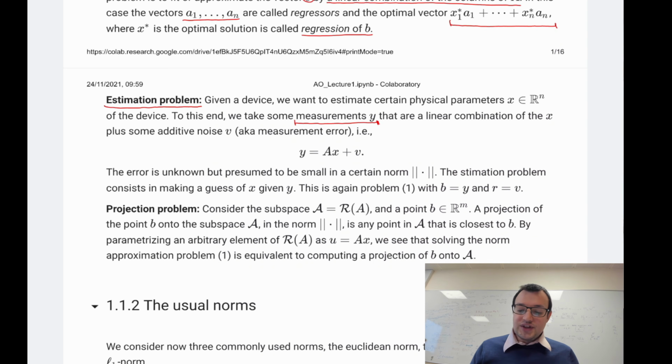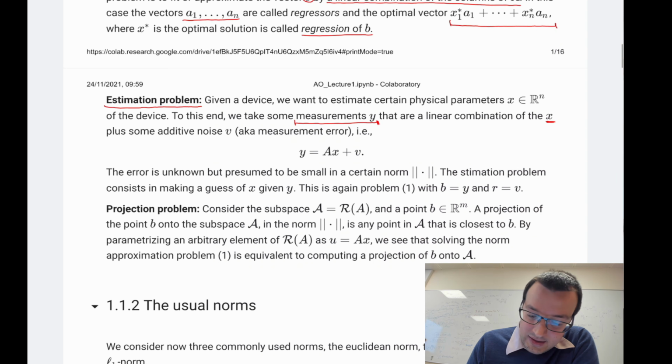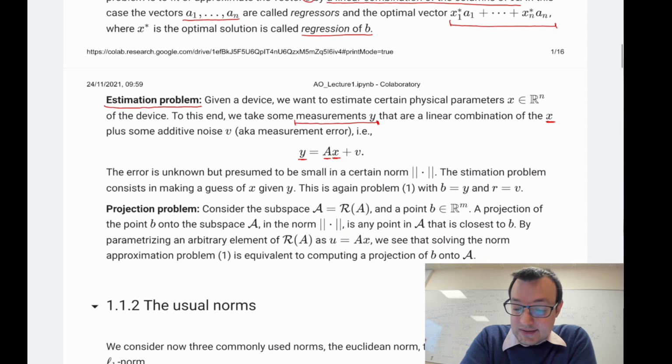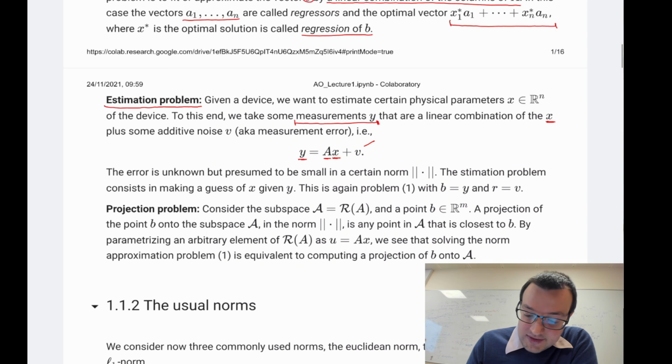You know that there is a linear relation between the measurements that you have and the internal variables. So what you want to estimate is x. You know that the x are related to the y by a certain matrix A. But in practice, when you're taking measurements, you're also going to have some noise.